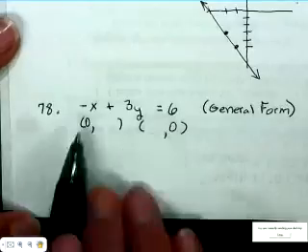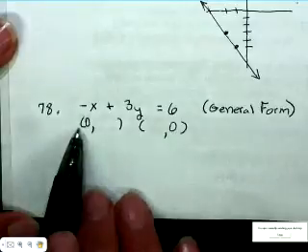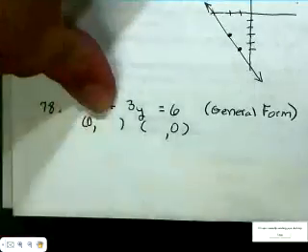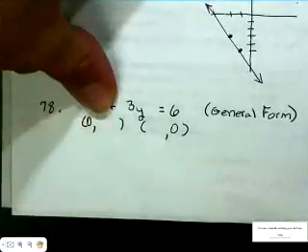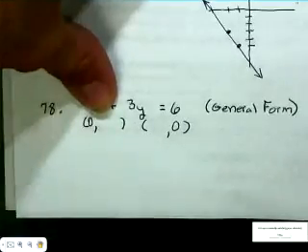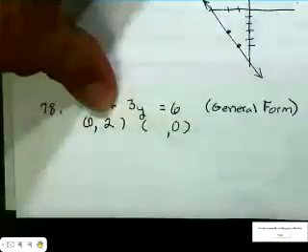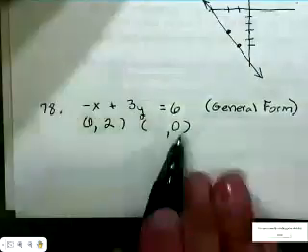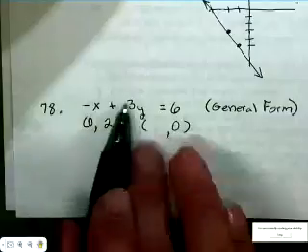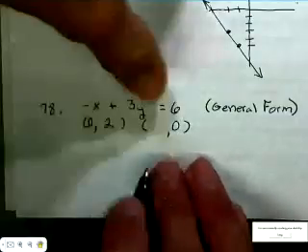In general form, that's super easy because if you let x be 0, you can just cover up that x term. 0 times anything is 0. So just cover that up and you could see what y would have to be for that equation to be true. What's the y-intercept? Yeah, divide both sides by 3 and you find the y-intercept is 2. When you let y be 0, what is 3 times 0? 0, so just cover up that term.